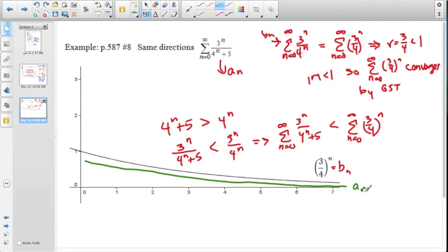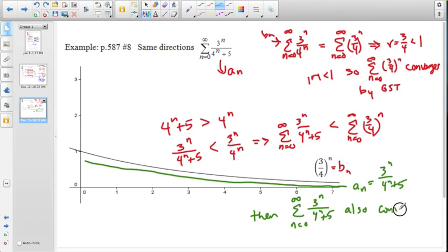There we go, our a sub n, 3 to the n over 4 to the n plus 5 should be right there. Since our original series is smaller, we can conclude that the series being smaller also converges, because of the direct comparison test.